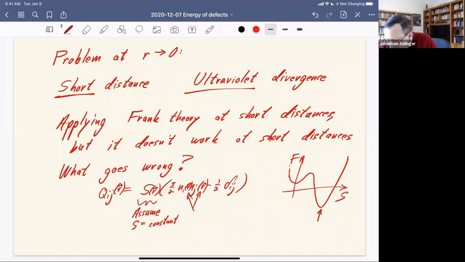Okay, and so S is stuck here at this minimum. Right? That's a very good approximation almost everywhere. But the one place where it's not a good approximation is right in the middle of a defect. It breaks down right in the middle of a defect because the gradients of n are huge there.